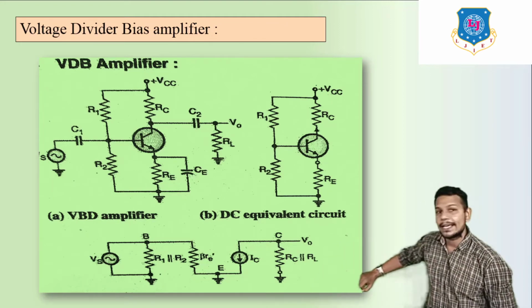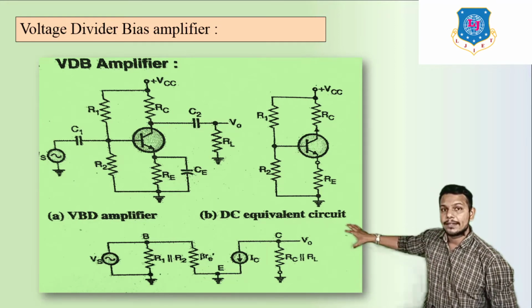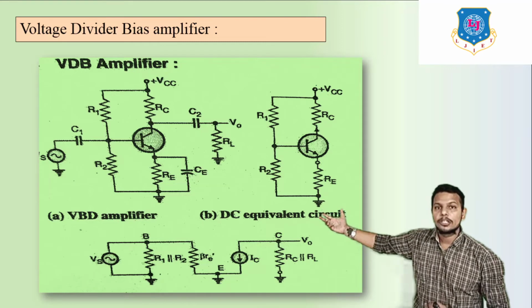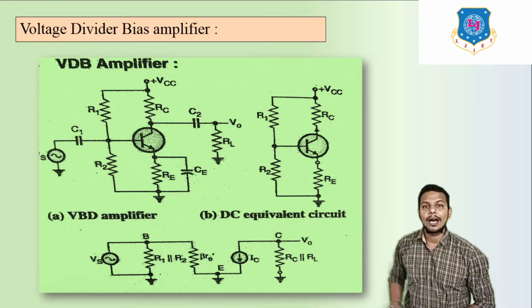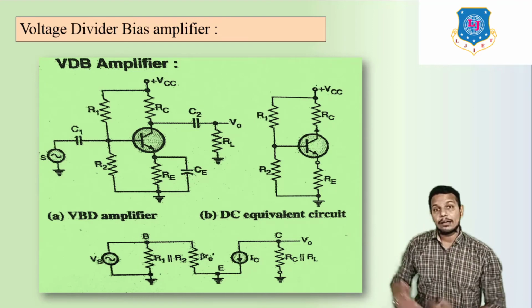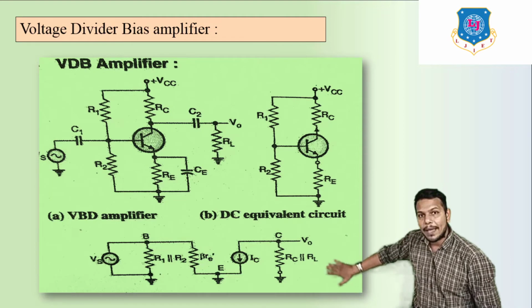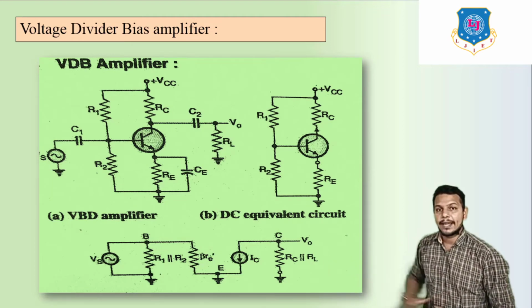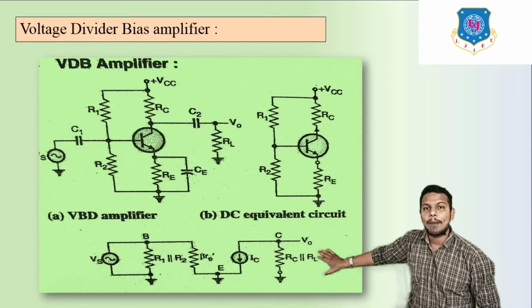Now what happens in the AC equivalent circuit? First we start with VS, then C1 is short circuited because of AC analysis, then R1 and R2 are parallel with each other. Here we can see R1 parallel R2. Then instead of this NPN transistor we have to put the pi model.